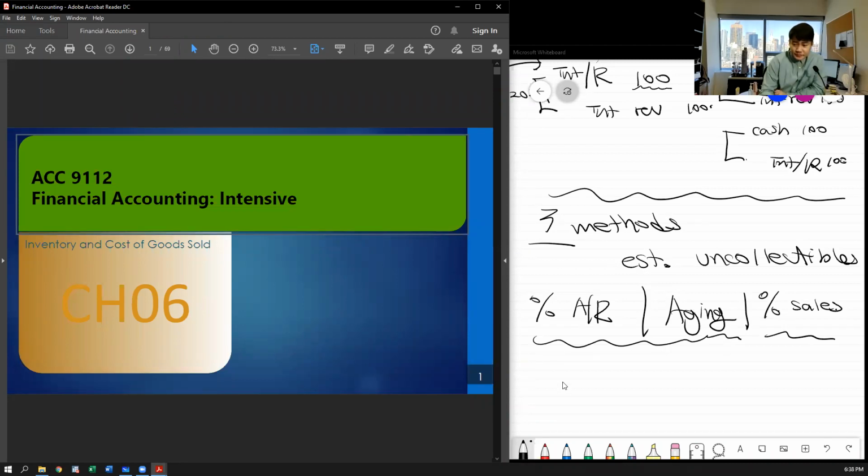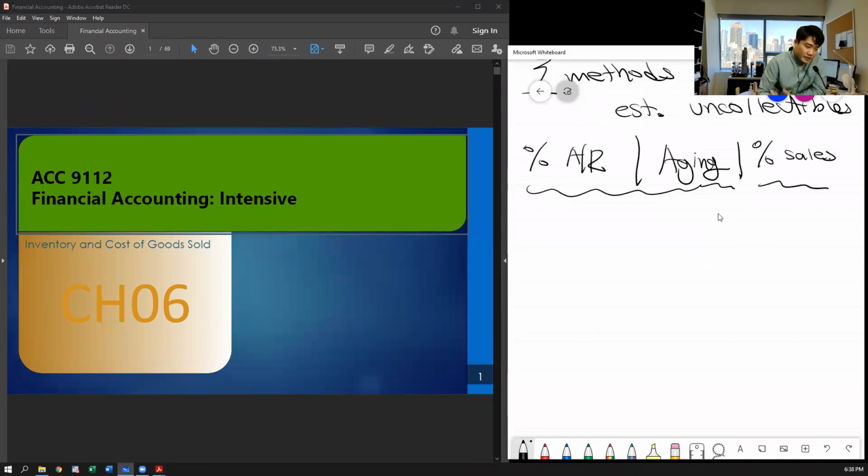So we talked about sales and services and how that impacts your accounts receivable and estimating uncollectibles. Now let's move on to another line item, which is inventory.